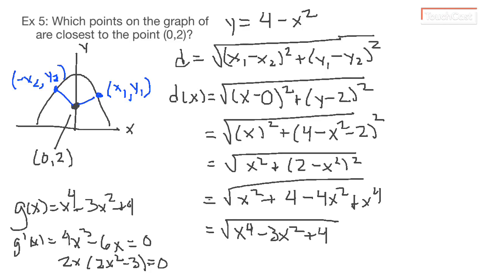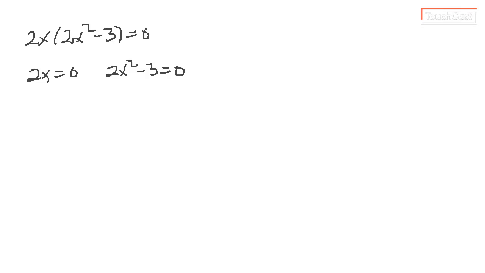I've run out of space, so I'm going to go on to another page. I can set each factor equal to 0, 2x equals 0, and 2x squared minus 3 equals 0, and solve them separately for 0. So in one case, we're going to see that x is 0.